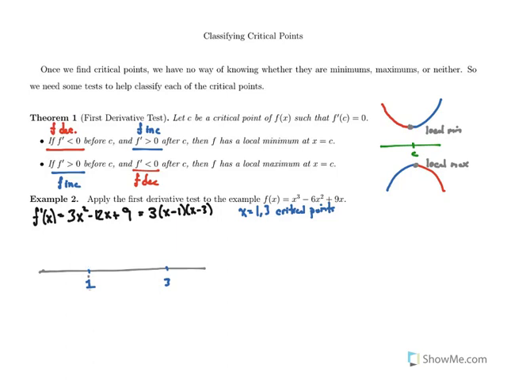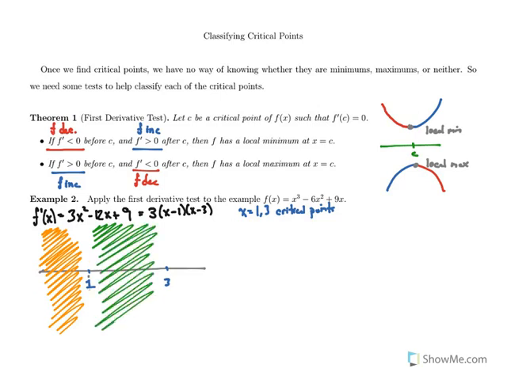Actually, I'm not going to draw dotted lines, because that means something else a little bit later. But we have 3 regions. We have this region before 1, this region in between 1 and 3, and this region after 3. And we know that in these regions, the derivative has to be either all positive or all negative.